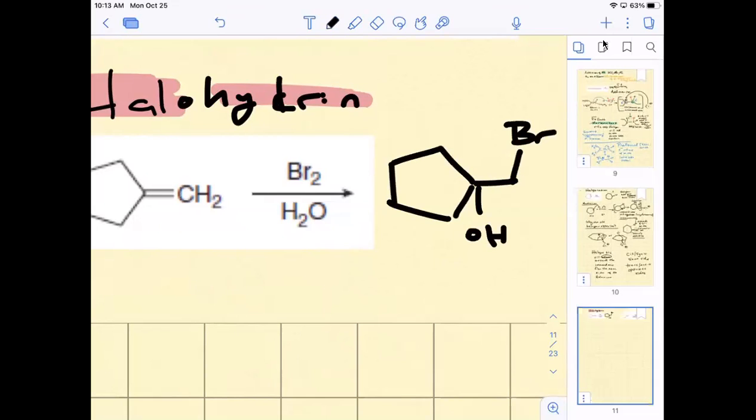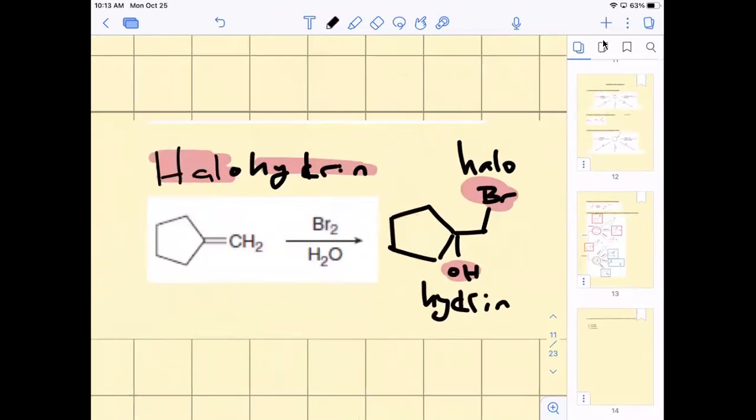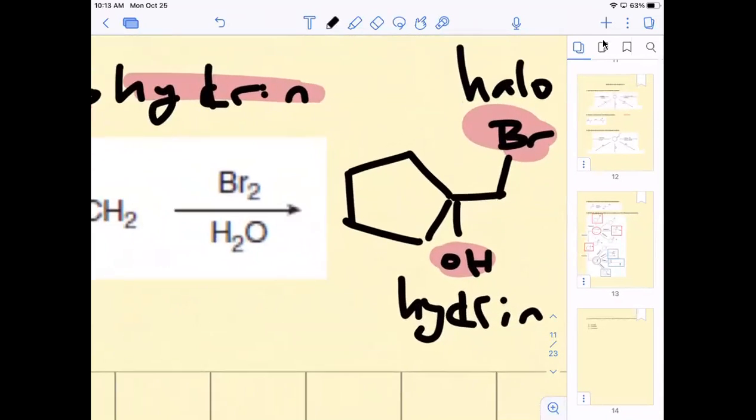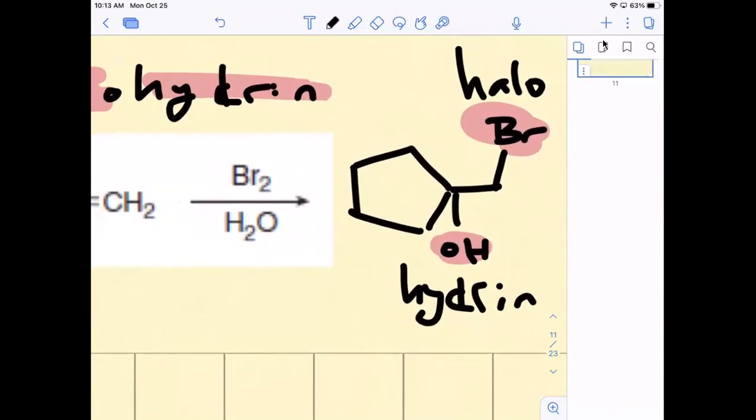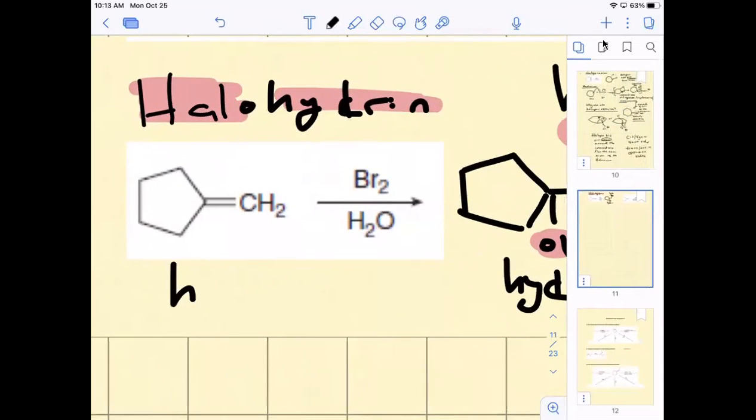So this is the halo part. And then this is the hydrin part, right? So halohydrin. It is a halo alcohol, let's call it that, as a functional group.